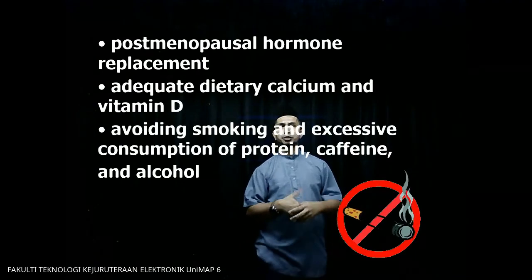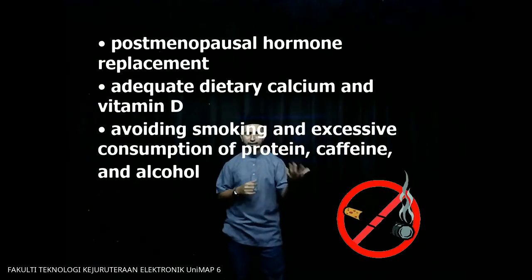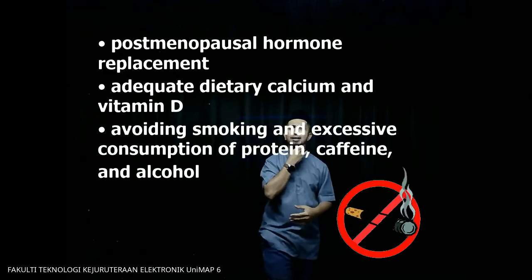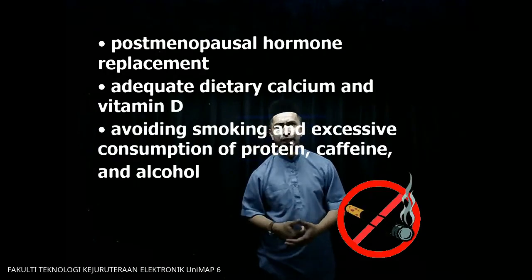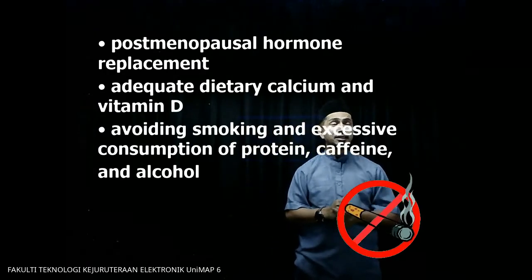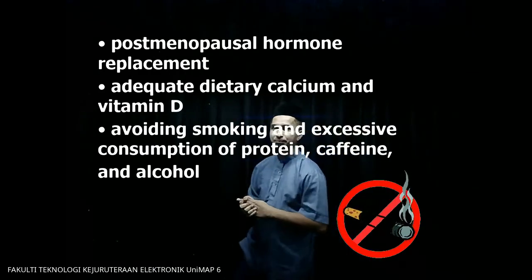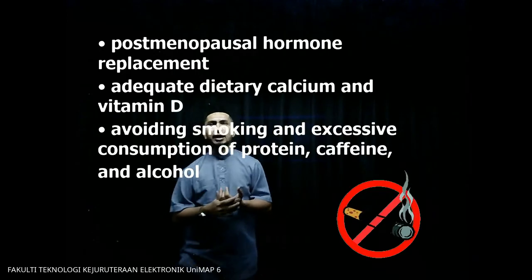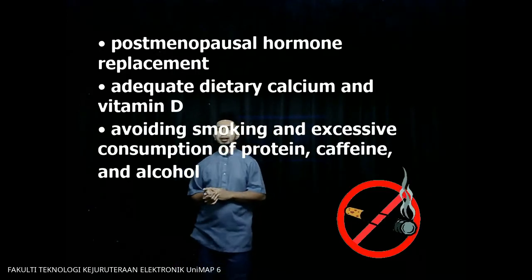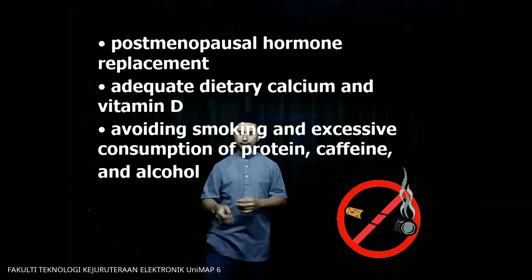Then post-menopausal hormone replacement, we can take that hormone replacement and then take adequate dietary calcium and vitamin D, for examples, and avoiding smoking and excessive consumption of protein, caffeine, and alcohol. Jangan ambil terlalu banyak.